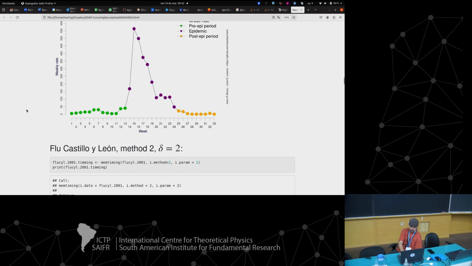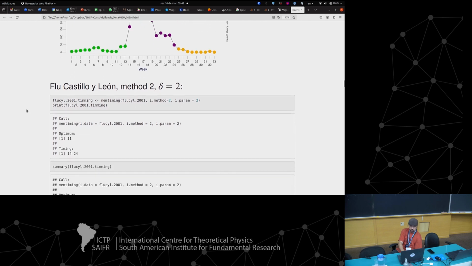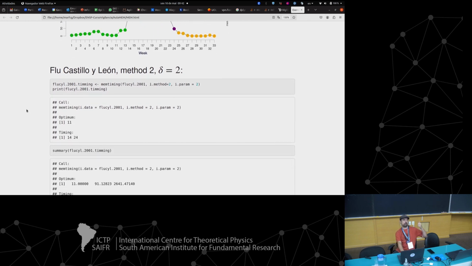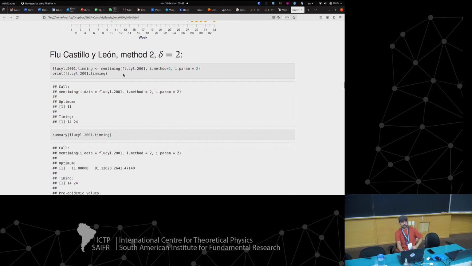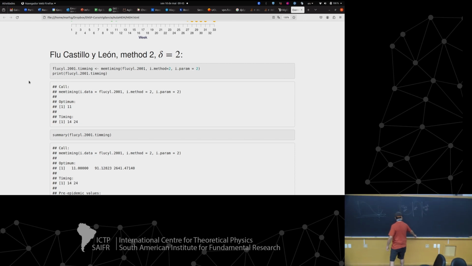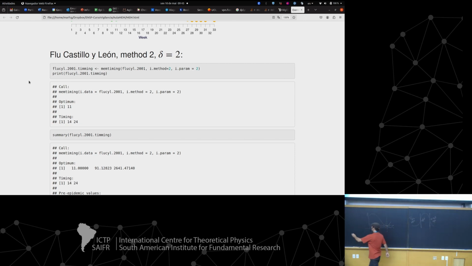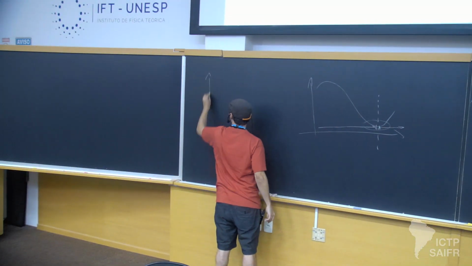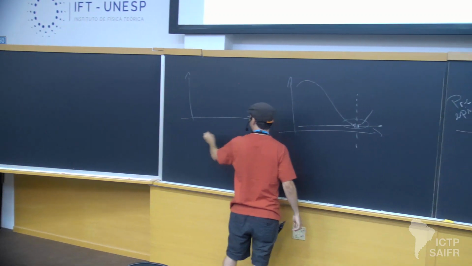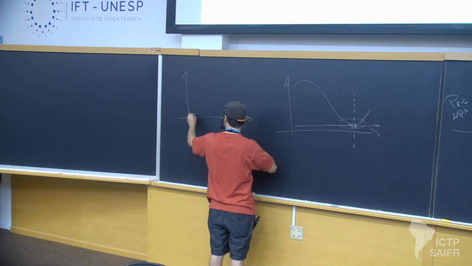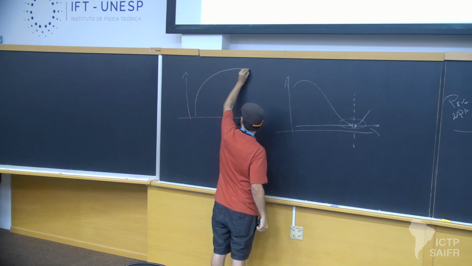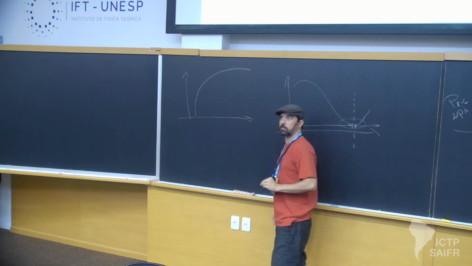Okay. Now, if we use method 2, so the first method that was used, but just changing now the threshold on the derivative, remember, the map curve was something like this, right?